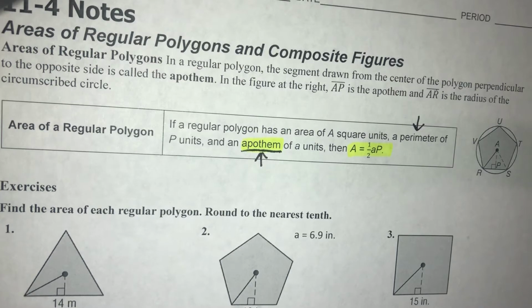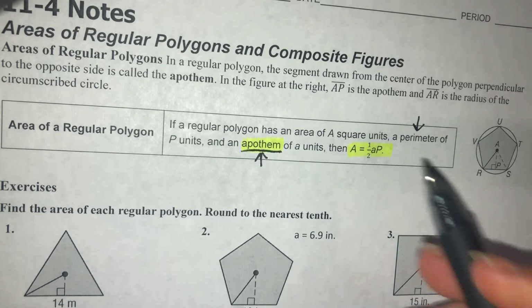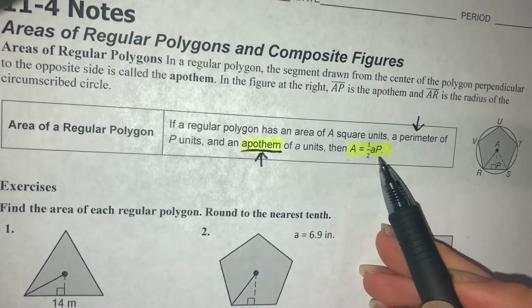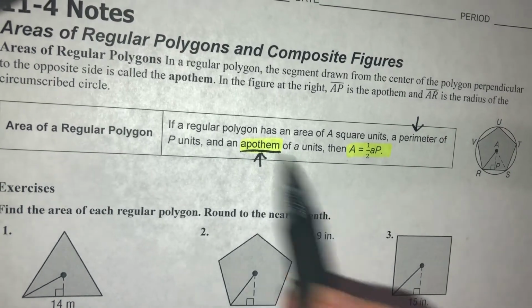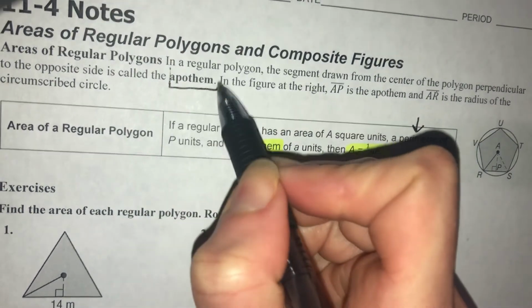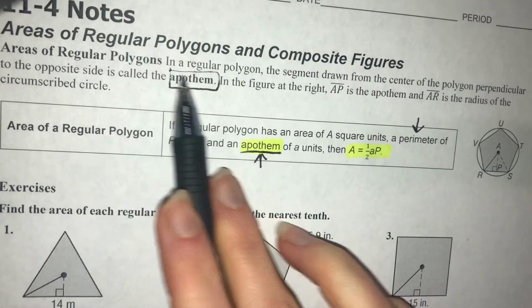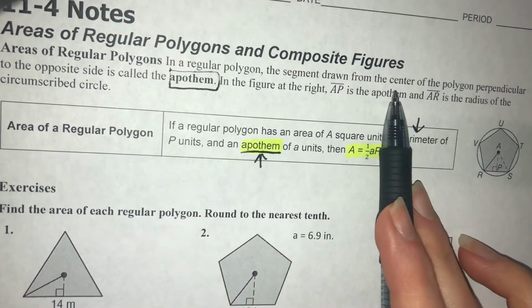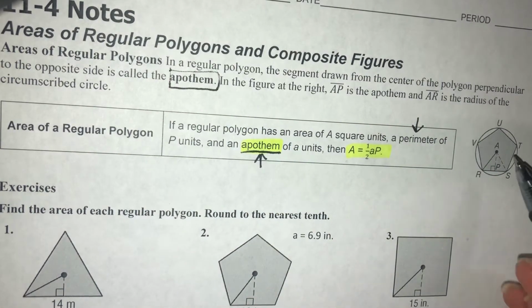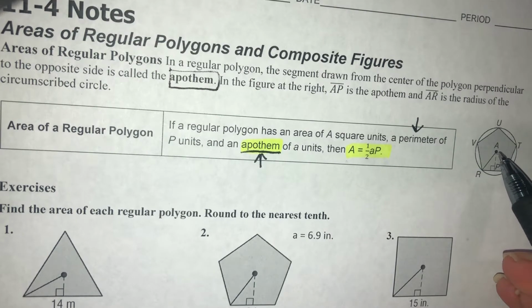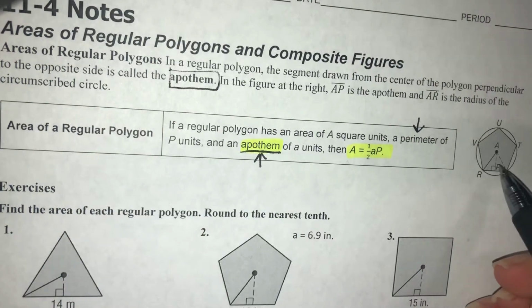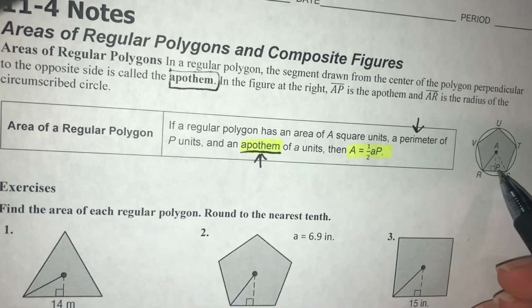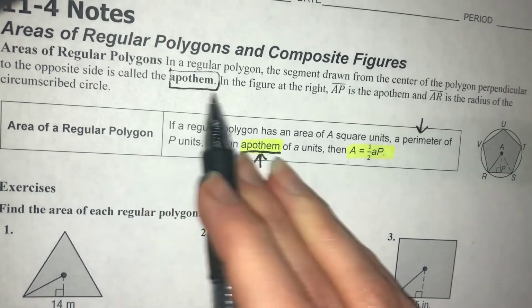And we probably ought to figure out what this new word apothem means in order to use the formula, because we know what area means and we know what perimeter means. The little a for the apothem is going to be, well, we've got it up here in bold. In a regular polygon, the segment drawn from the center of the polygon, so this dot point A is our center, perpendicular to the opposite side, so you're going to see a right angle indicating that it's perpendicular, is called the apothem.